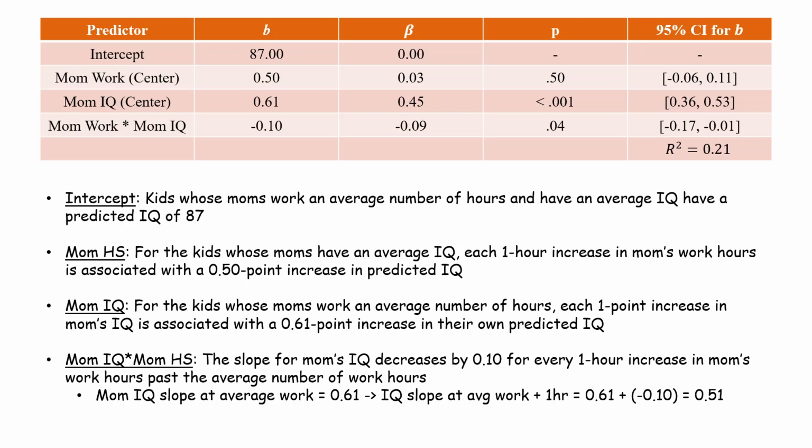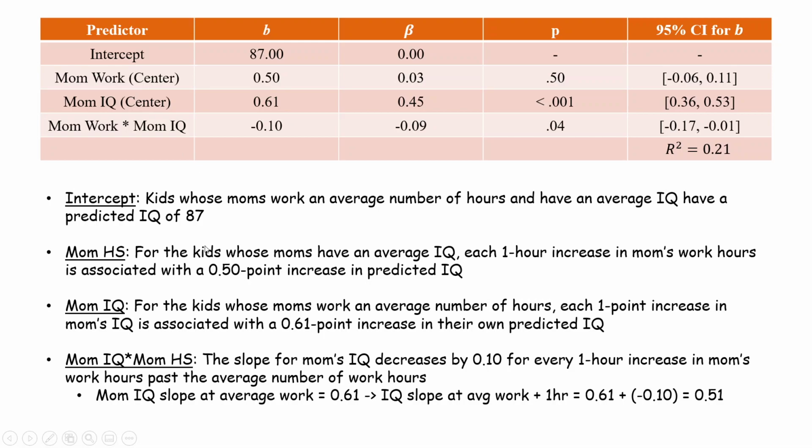The slope for mom's work hours, sorry, this should say mom's work hours, not mom's high school, is for the kids whose moms have an average IQ, so when IQ equals 0, each 1 hour increase in mom's work hours is associated with a 0.5 increase in predicted IQ. So again, when you have an interaction term, each of these slopes is only interpretable in terms of when the other one is at a level of 0.